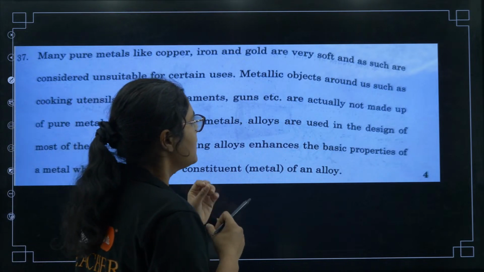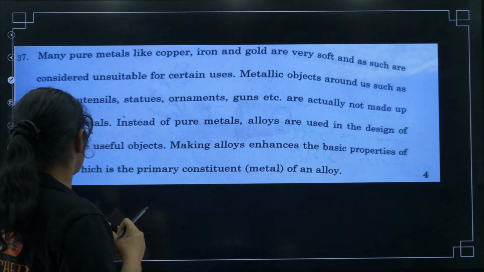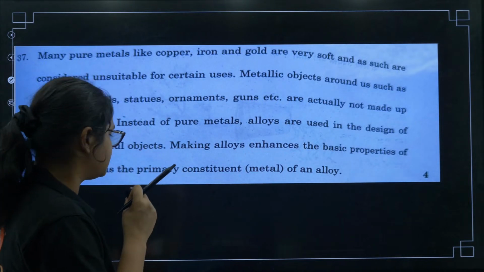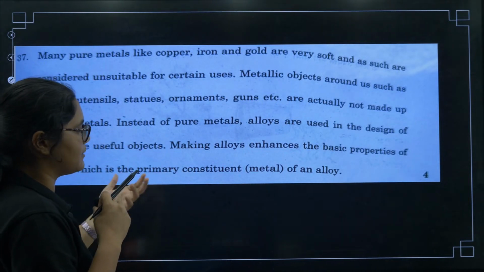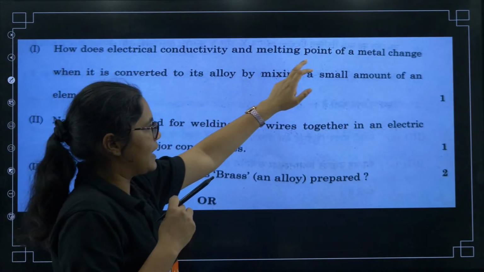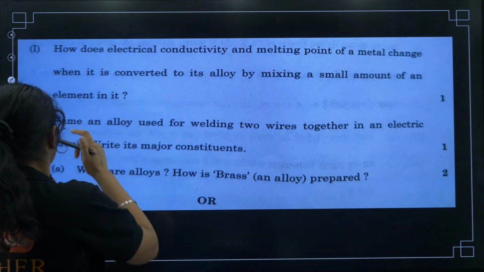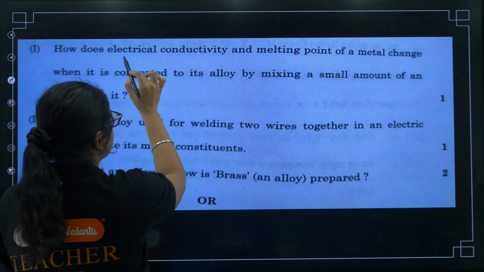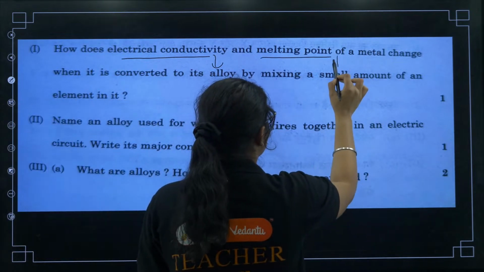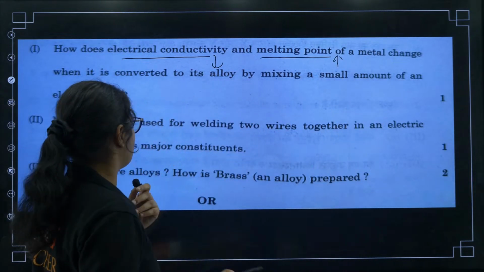Instead, alloys are used in most useful objects. Making alloys enhances the basic properties of a metal, which is the primary constituent of an alloy. So how do the electrical conductivity and melting point of a metal change? Electrical conductivity decreases for an alloy and the melting point increases. That you have to write.